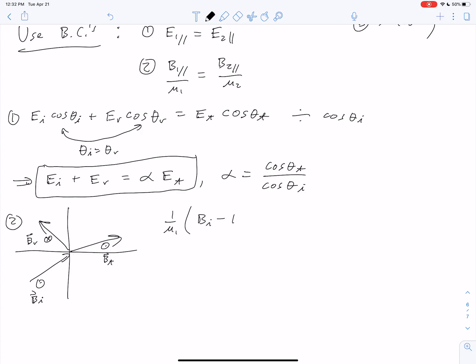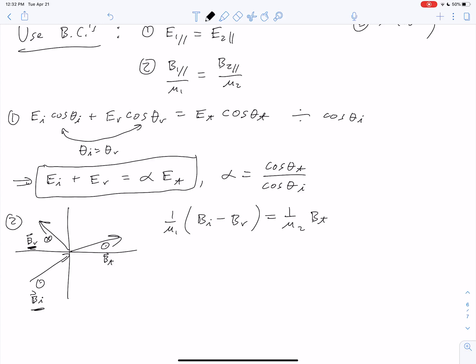You can see that from here, because notice how this guy, BI, is pointing up, these guys are all parallel to the interface, but BI is pointing in the positive direction, whereas BR is pointing in the negative direction. So for the total parallel component, I have to subtract them. And then on the right-hand side, there's only one component, and it's parallel. So I'll call it 1 over mu2 BT.